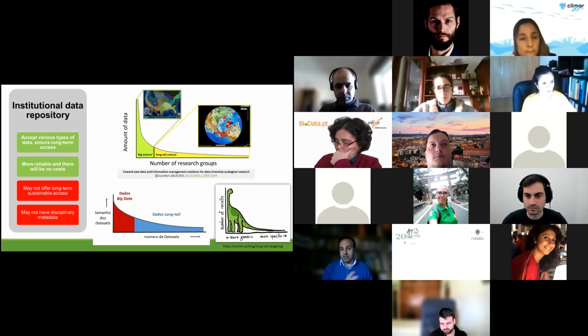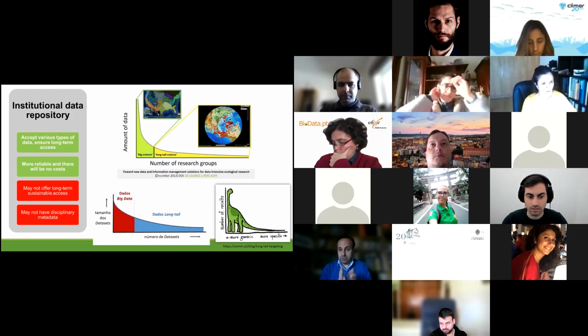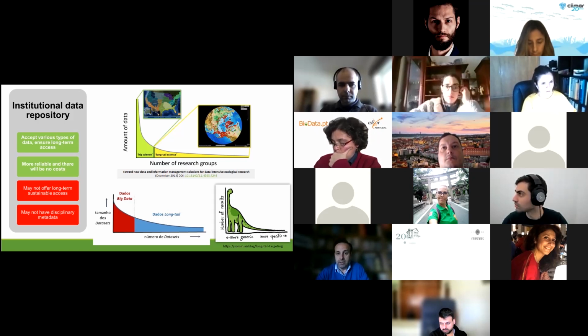It's not big data, it's hundreds and hundreds of data sets that are part of those projects that often don't have a place to be stored. This is why the institutional data repository is interesting for PhD theses and for different kinds of research outputs from smaller research projects in our institutions. We may encounter it as a facility for these institutional data repositories.